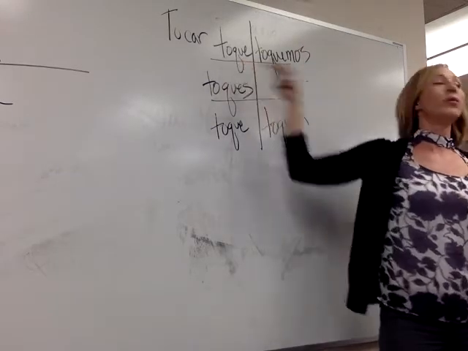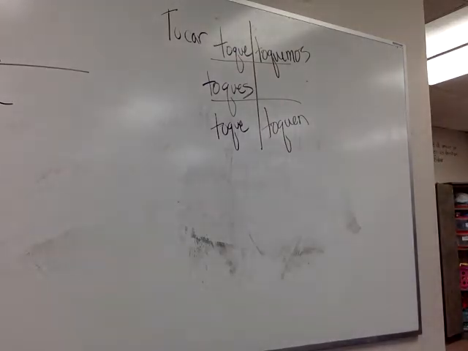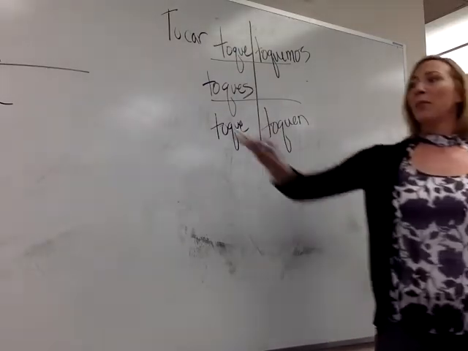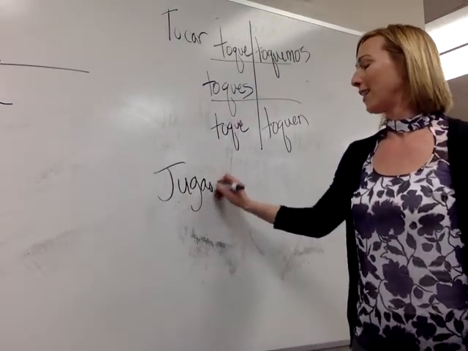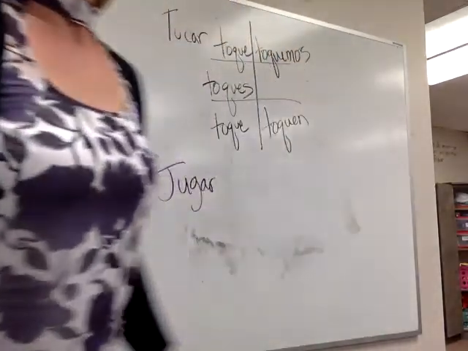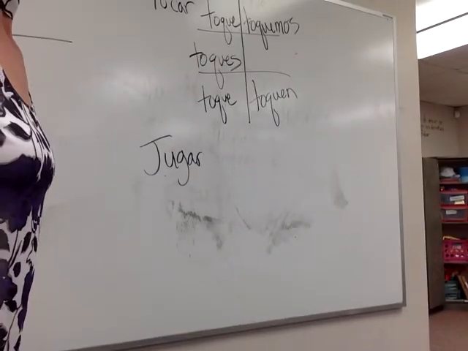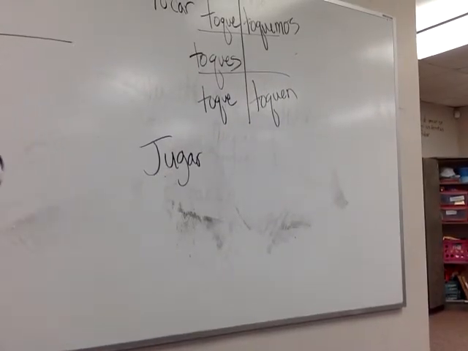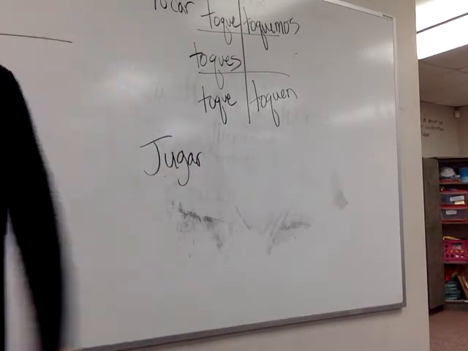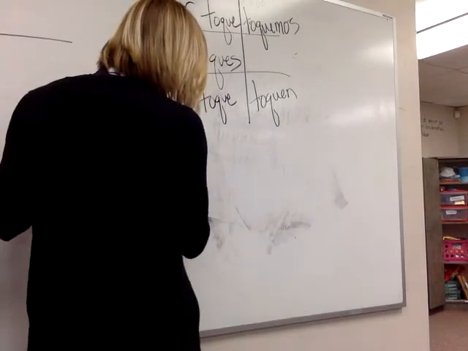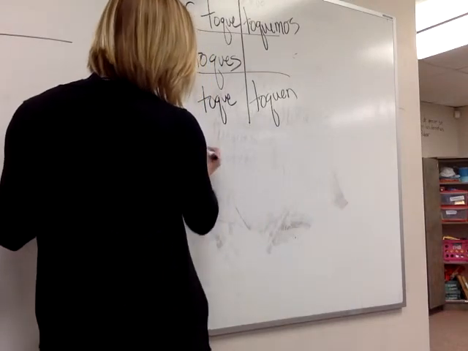So we used to only keep it in the yo form, but in the subjunctive it spreads out. All right? I'm going to give you one more example, and that verb is jugar, because this verb, jugar, has two pieces to it. Not only is it a verb that ends in gar, but it's also a stem changer. So how do stem changers behave in the subjunctive tense? I'm glad you asked. So it's u to ue, and it's also GUE.